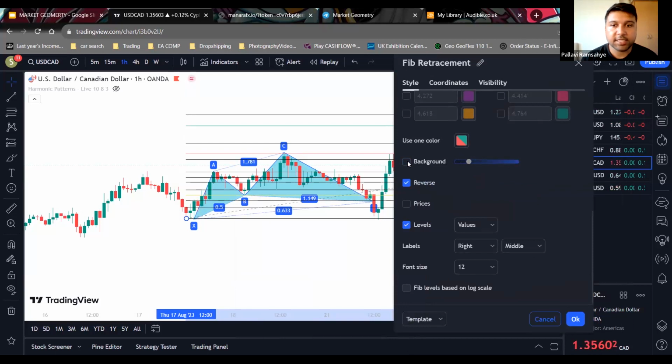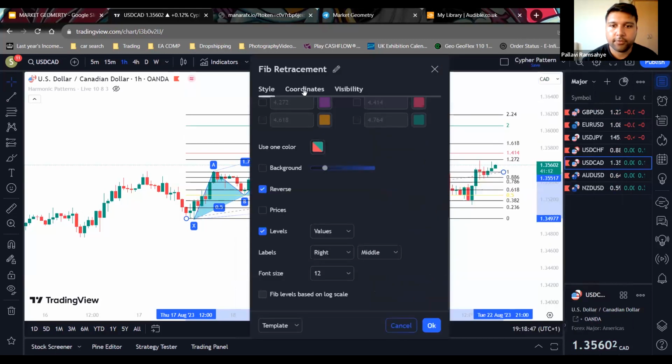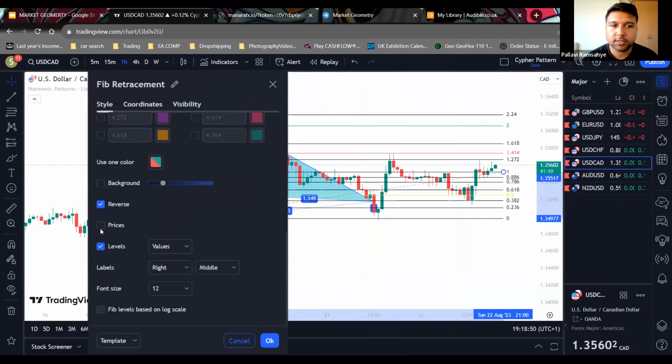And it makes it easier to read, right? And then with the prices, I have the prices off. Again, to make things simple, to keep it easy to read, right? Because if all the values are together, you could miscalculate something, so it just keeps it simple so you can see those values.